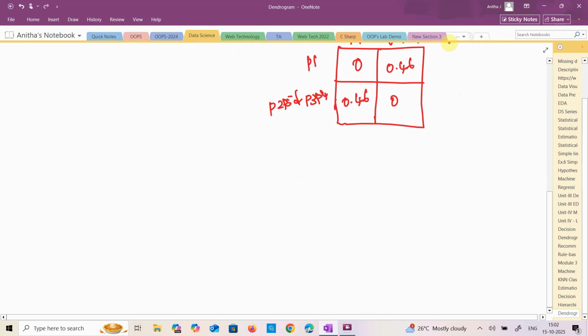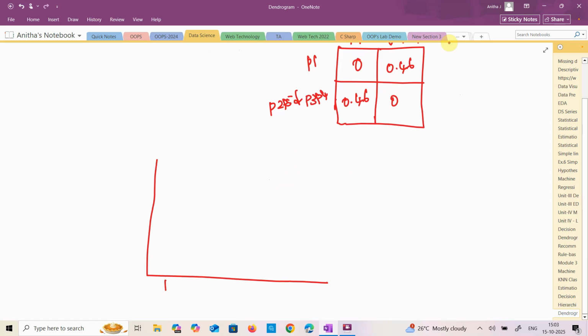So now we need to construct the dendrogram. The first step, what we merged together, is P4 and P3. These two get merged at the value of 0.30. And the next thing merged is P2 and P5, which get merged at 0.32.